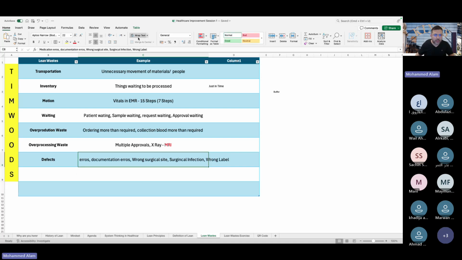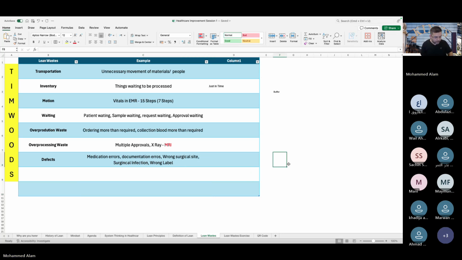So many other things. Yes, it all happens in a hospital. Anything which is not right the first time is a defect, always remember that.